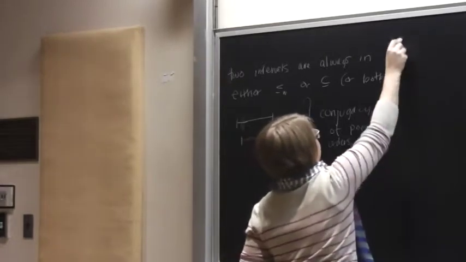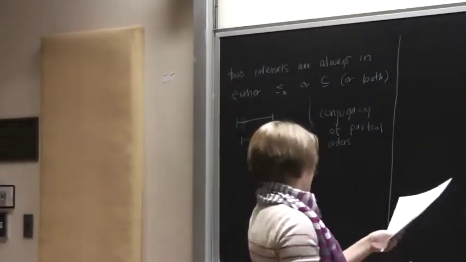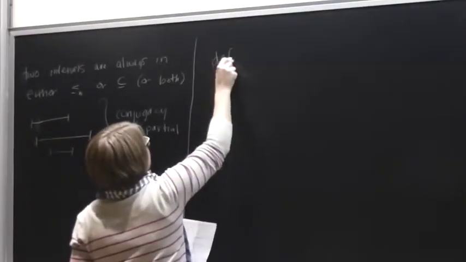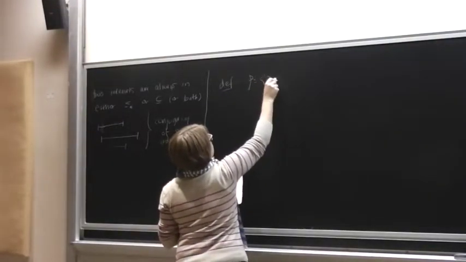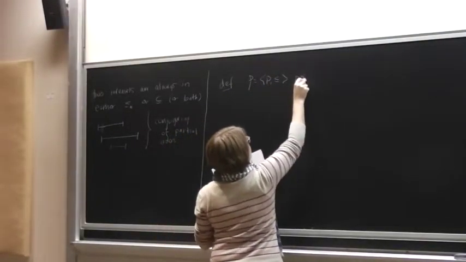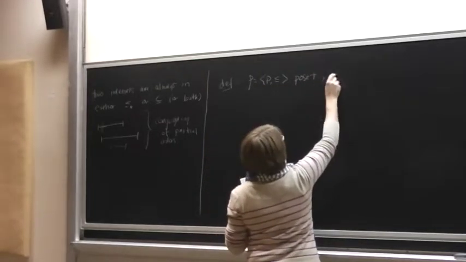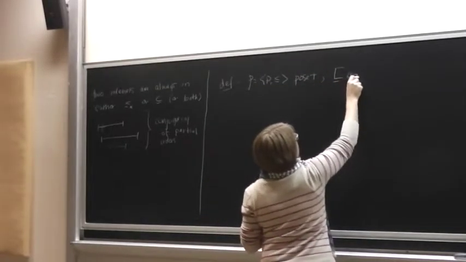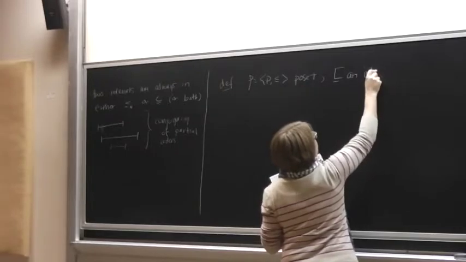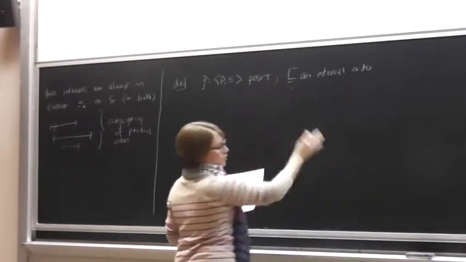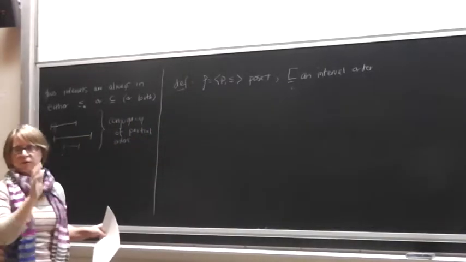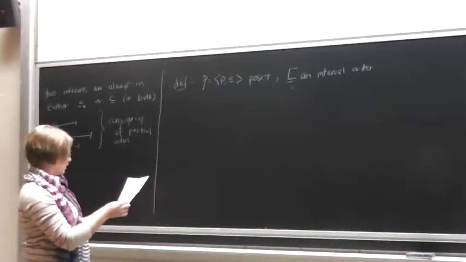Okay, so now I'm going to define for you an interval valued rank. So given our poset and an interval order, this is one of those three, or they're duals, so greater than in any of them.